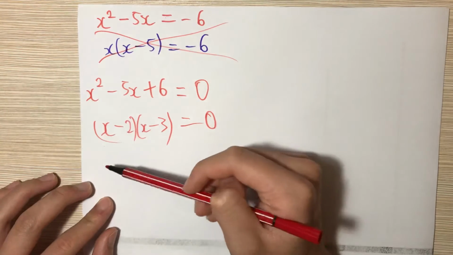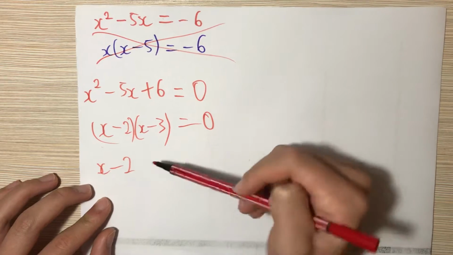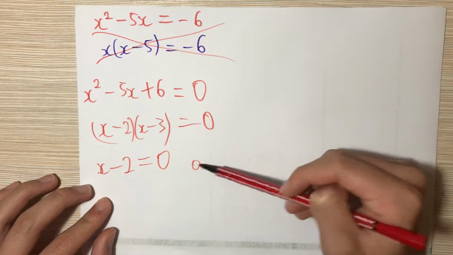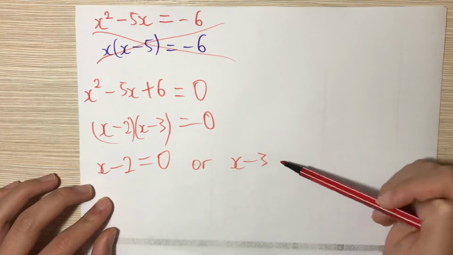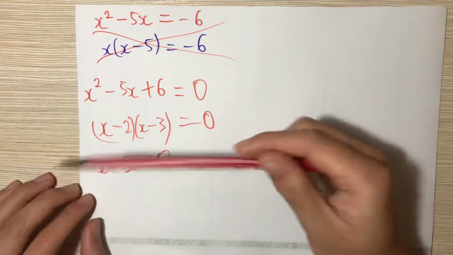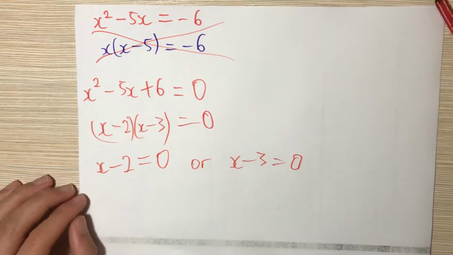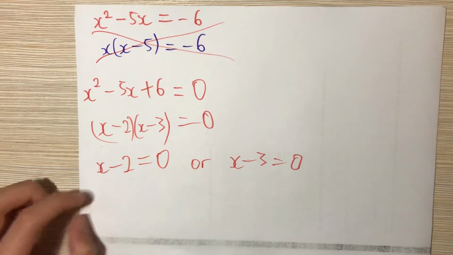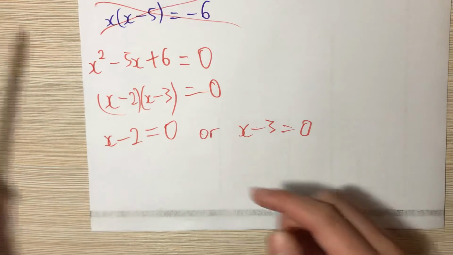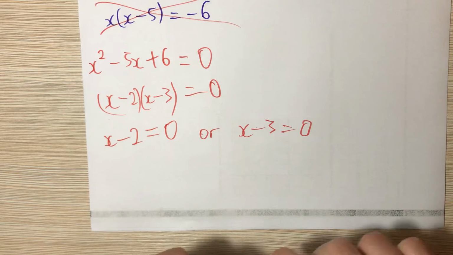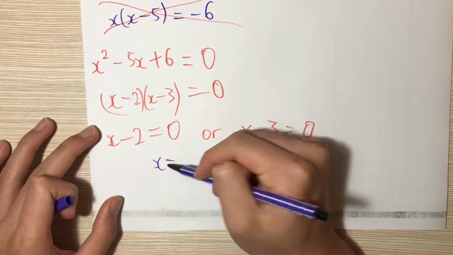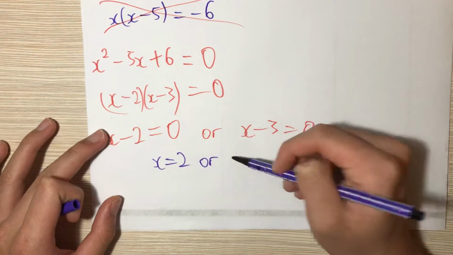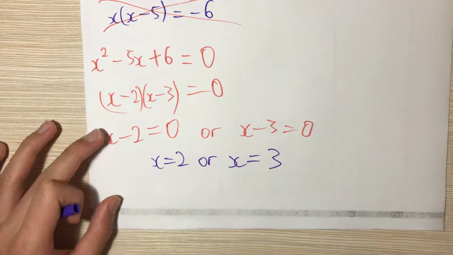So we will have x minus 2 equals 0 or x minus 3 equals 0. Because one of the terms is 0, regardless of what the other term is, we will also get 0. So we will have 2 answers. x is equal to 2 or x is equal to 3.